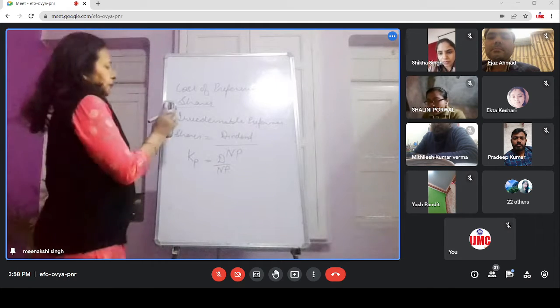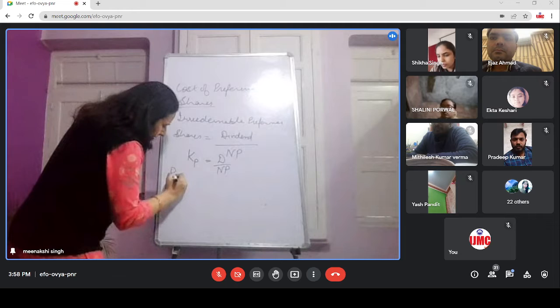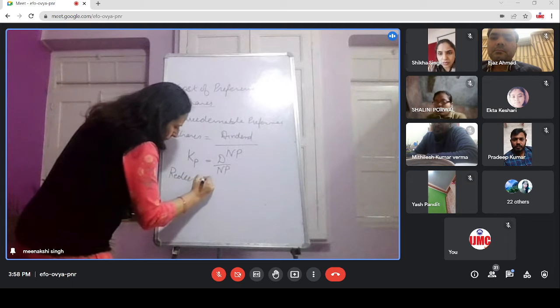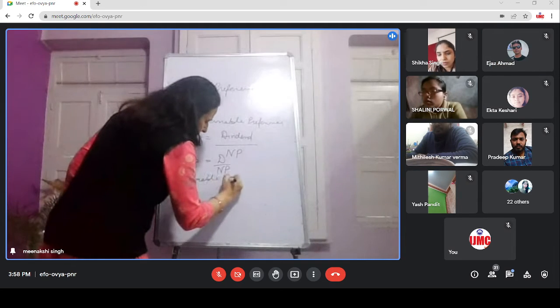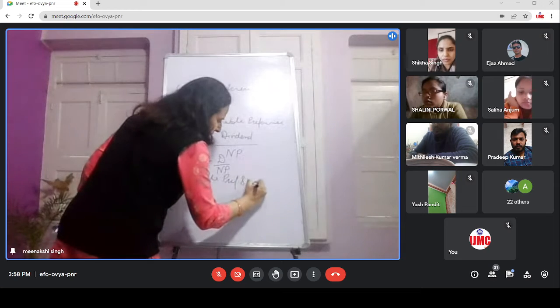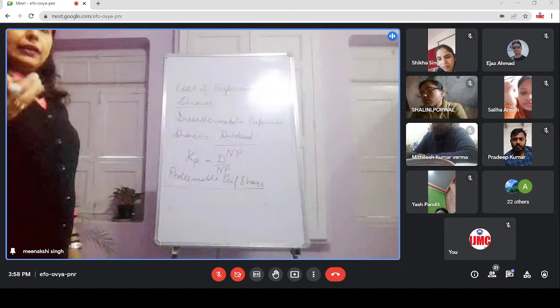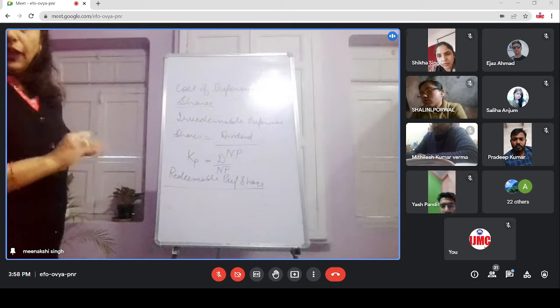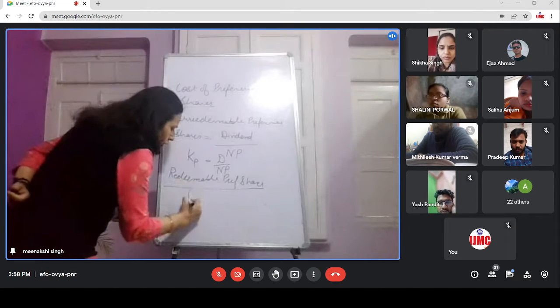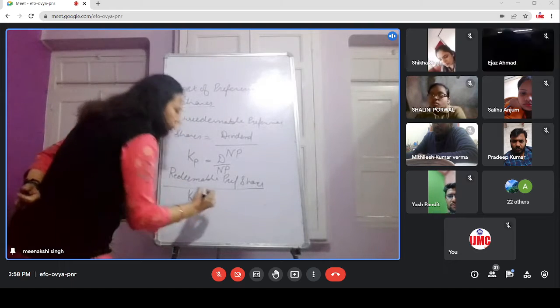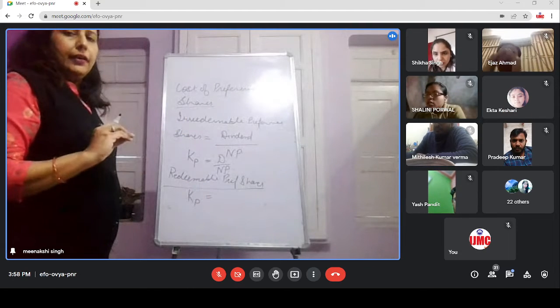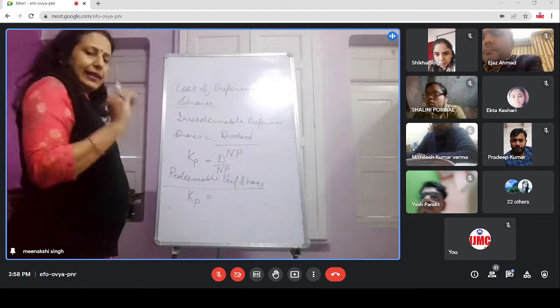Now the second category is redeemable preference shares. They have to be paid within a fixed time which has been given by the company at the time of the issue. So the cost of preference in that case will be just similar to the cost of debt, except the part of taxes.